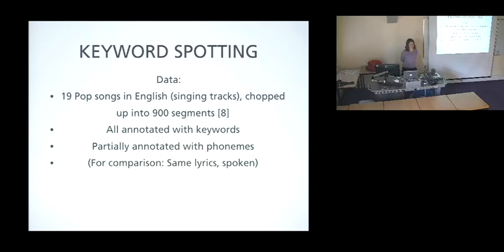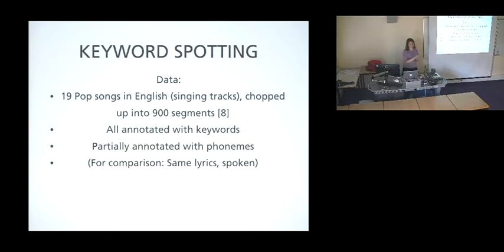So a colleague of mine made one a couple of years ago. And as you can imagine, that's a bit hard to annotate, or it at least takes a lot of work. You can't really do this automatically. You have to have someone sit down and annotate keywords. And what he did was to take 19 English language pop songs, and he just took the vocal tracks from those.